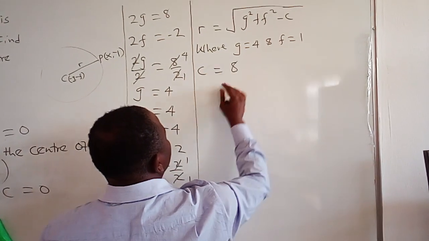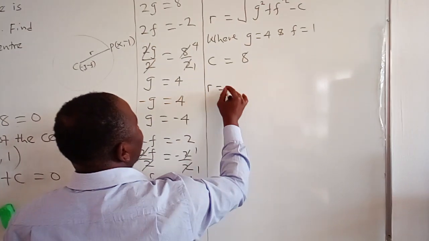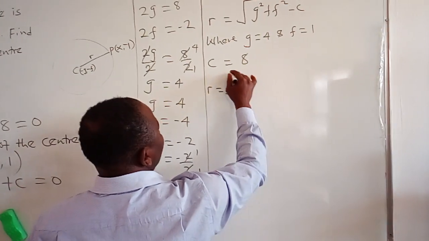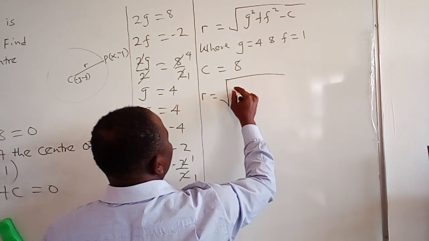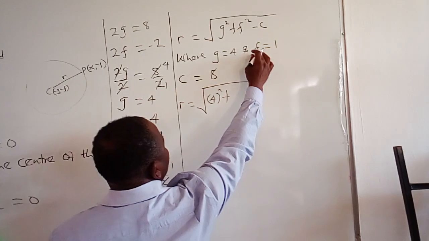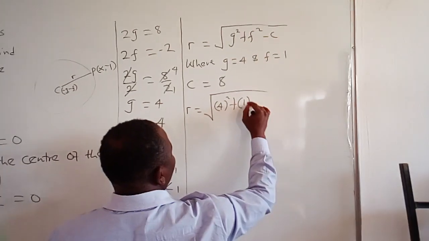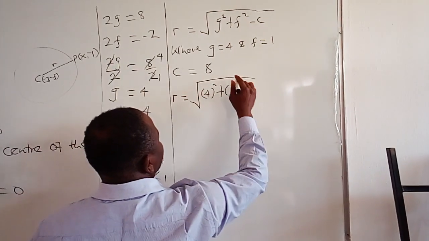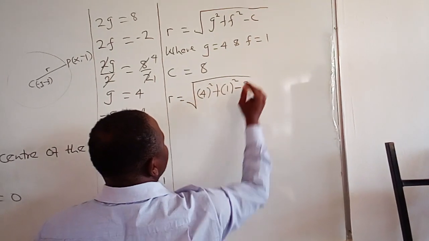So now our r is equal to the square root of g square, which is 4 squared, plus f square, 1 squared, minus c, which is 8.